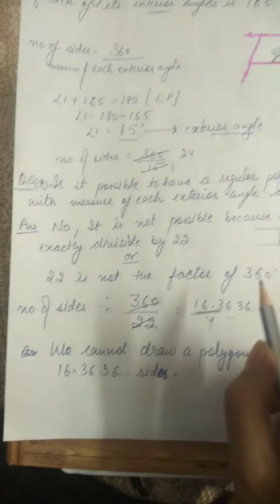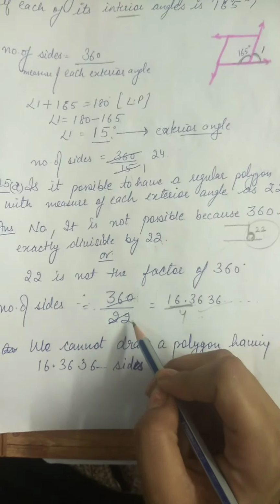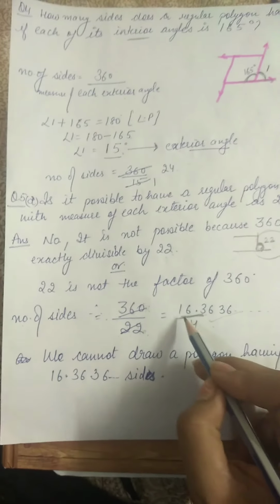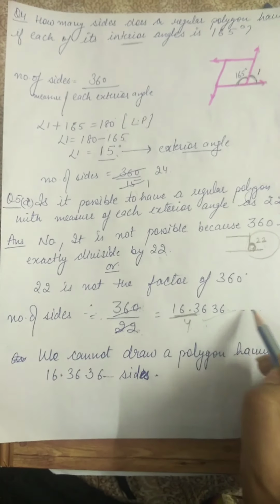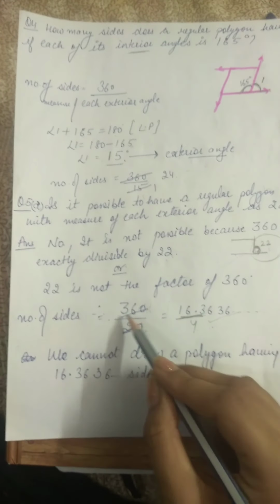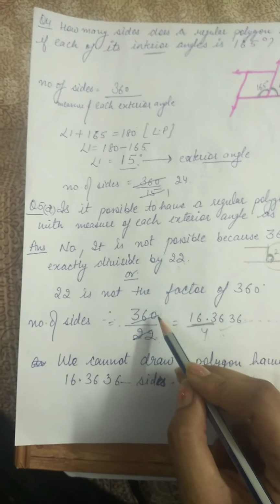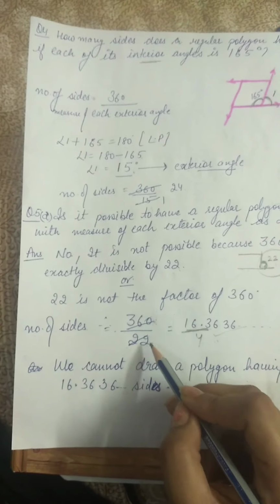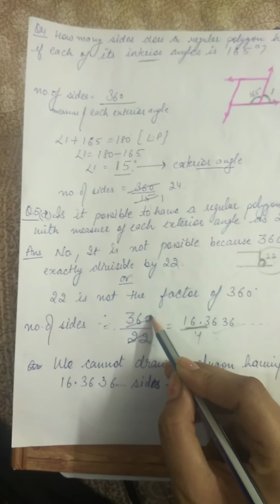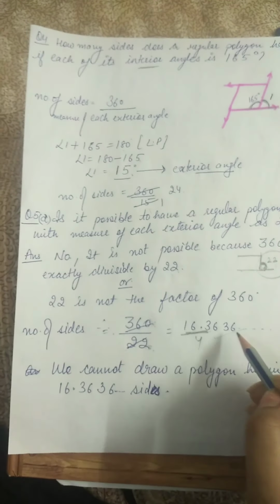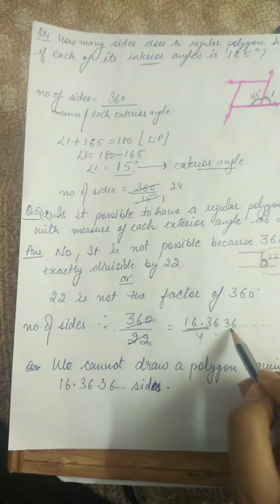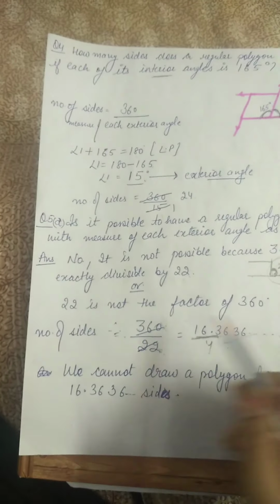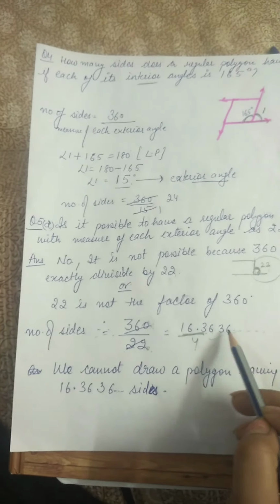But bache, in this case, when your exterior angle is 22, then your number of sides becomes 16.3636 and so on. That means 360 is not properly divisible by 22. Okay, that means 22 is not a factor of 360. Only then will you get this term, right? 16 point something. So can you find a regular polygon having the number of sides as 16.36?